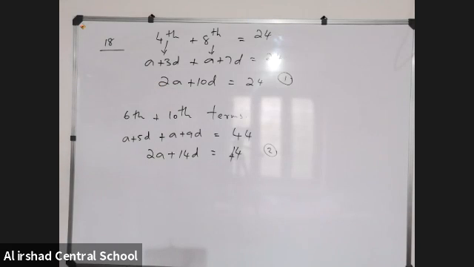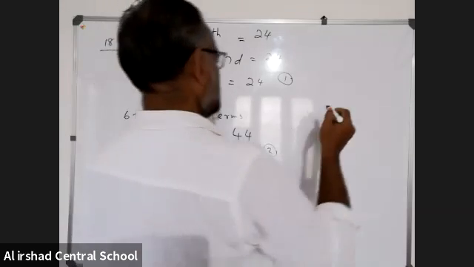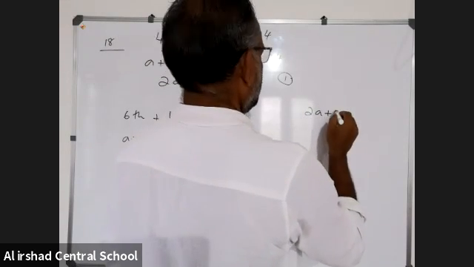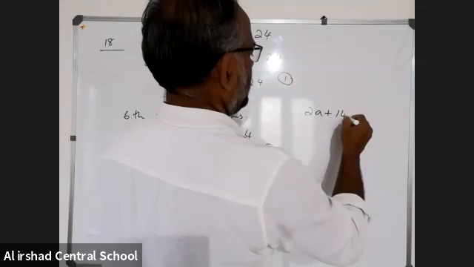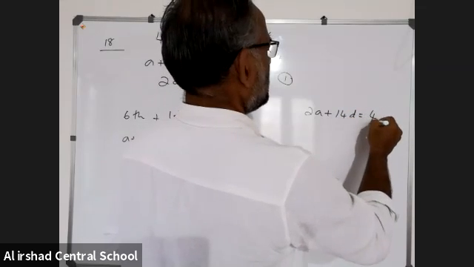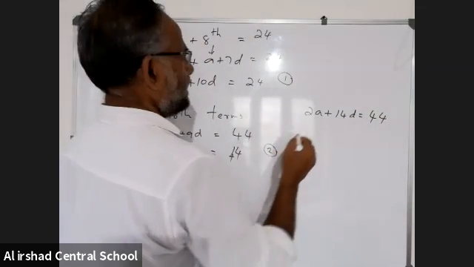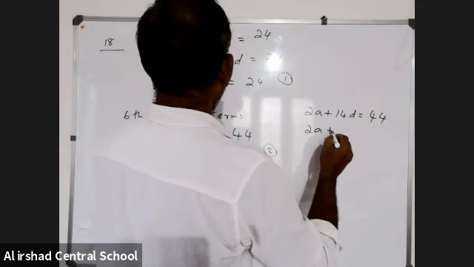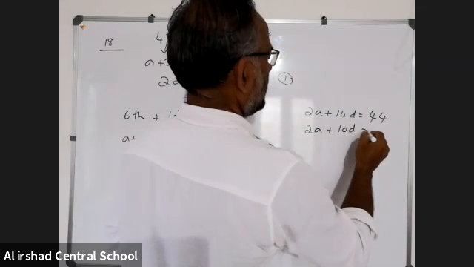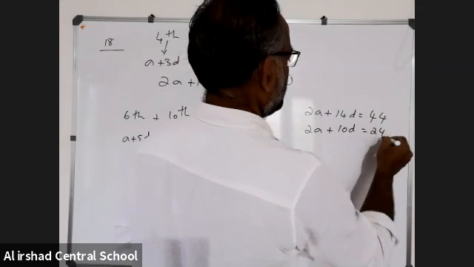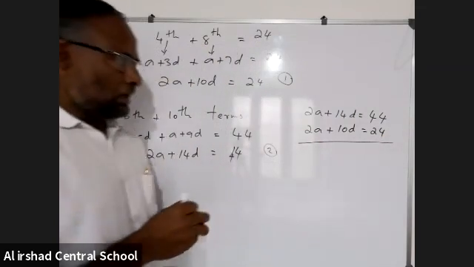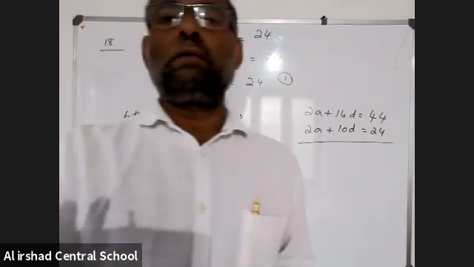2A plus 10D is equal to 24 and 2A plus 14D is equal to 44. You can solve it. Solve 2A plus 14D, that is equal to 44, and 2A plus 10D, that is equal to 24. Anybody can solve this one. Doesn't matter. Study this.